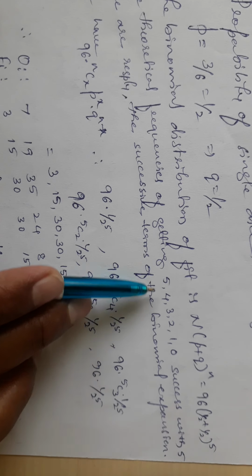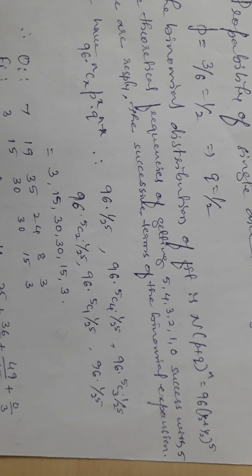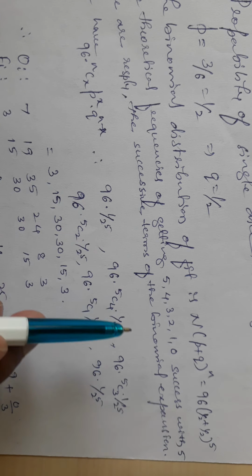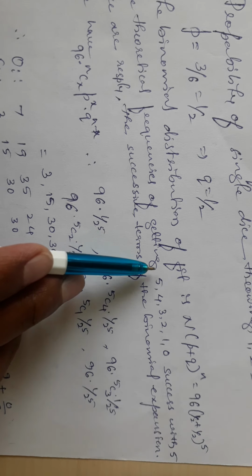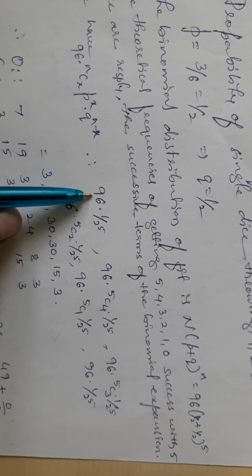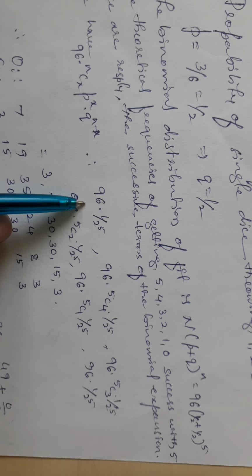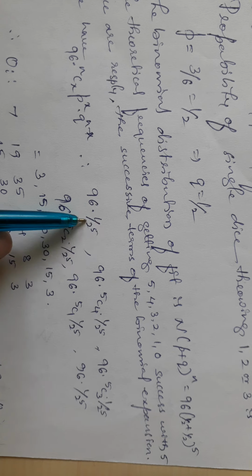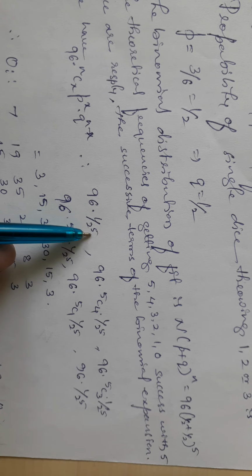First, by putting x equal to 5, 96 times 1 by 2 to the power 5.